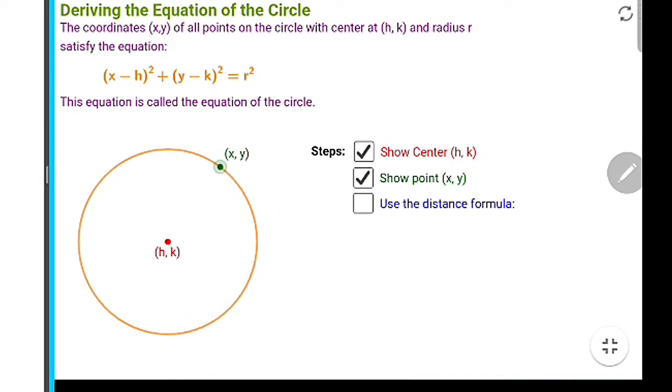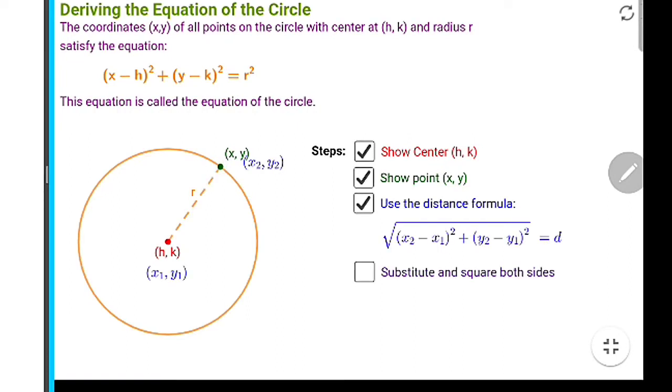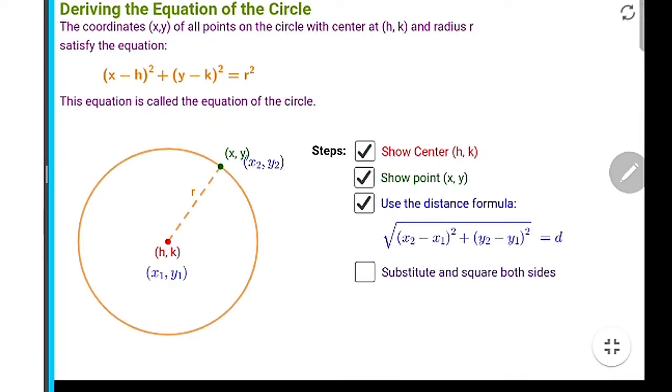Now between the center and any point on the circle, we can use the distance formula to find the distance between them, which is the radius of the circle. The distance formula is the square root of (x sub 2 minus x sub 1) squared plus (y sub 2 minus y sub 1) squared.